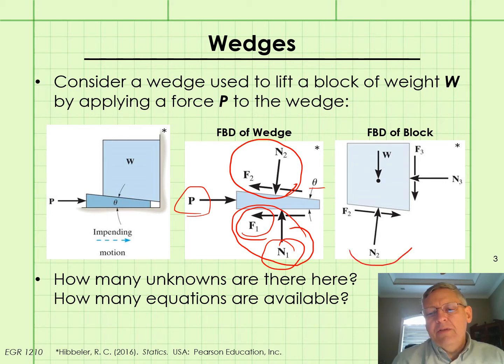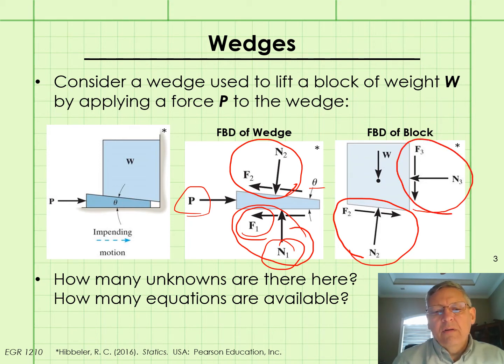Here's F sub 2 and N sub 2 acting in equal and opposite directions, so that's not an additional unknown. And here's F sub 3 and N sub 3. So we have 1, 2, 3, 4 unknowns.